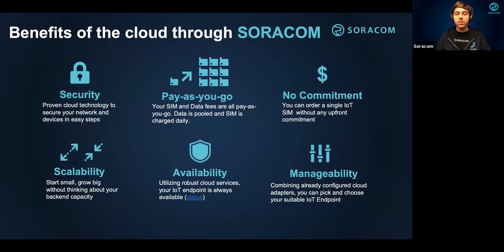One thing with using a global connectivity provider like us is that in a lot of countries that we operate in, we'll have redundant coverage on multiple carriers. For example, in the US, our cellular connectivity can roam on top of AT&T and T-Mobile. What that means is that inside your device, if you have a modem that can support either AT&T or T-Mobile, our SIM card will allow that device to connect. So you've got that availability there.